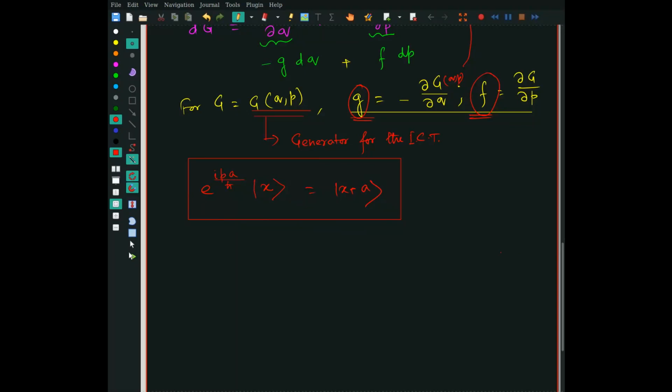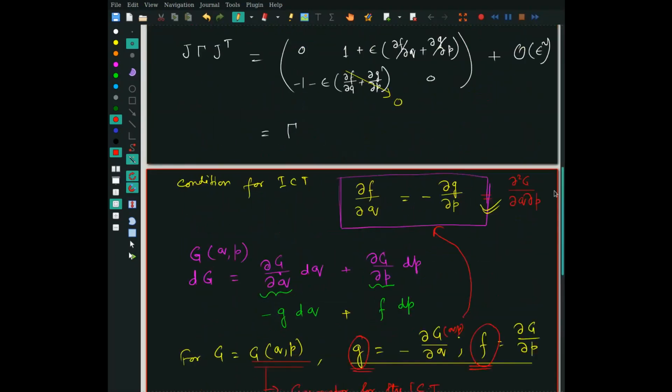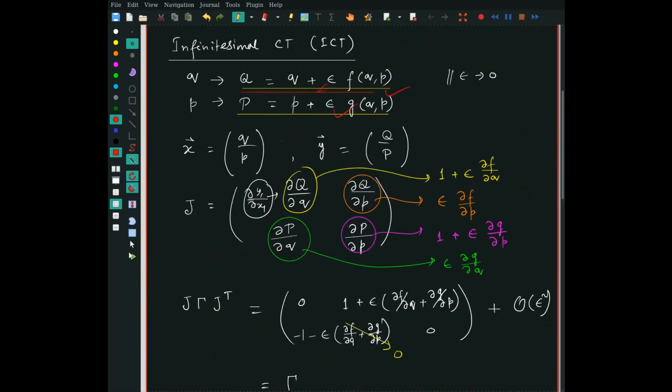Okay. To understand that, let me first write down the n-dimensional version of this transformation equation.